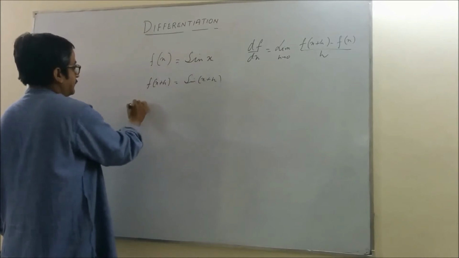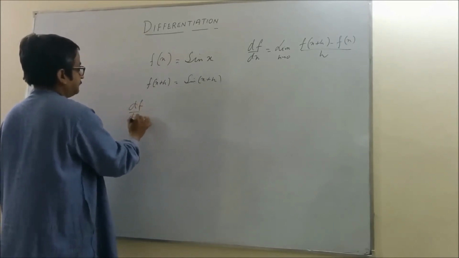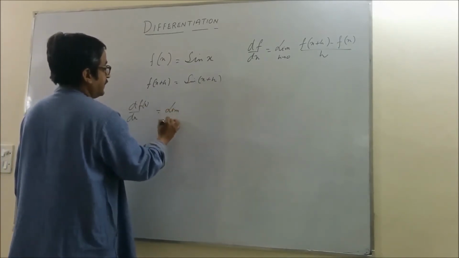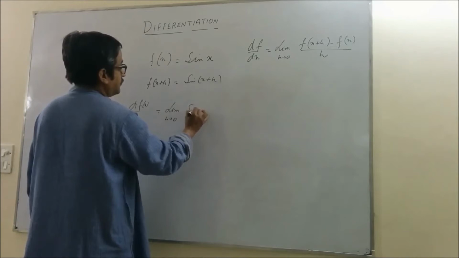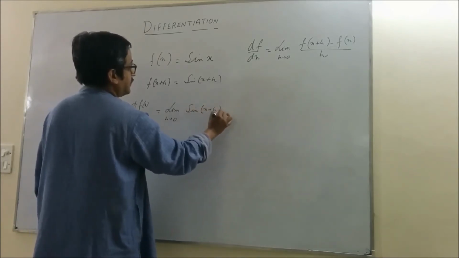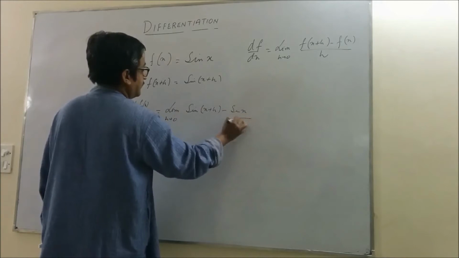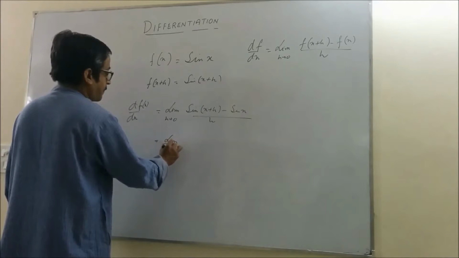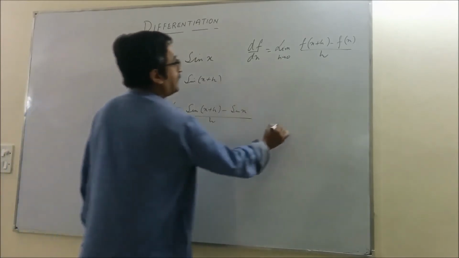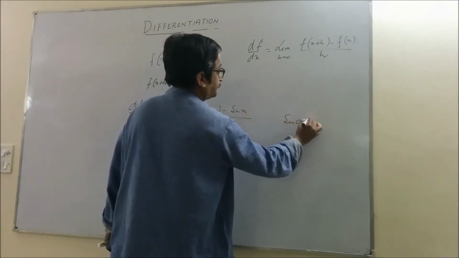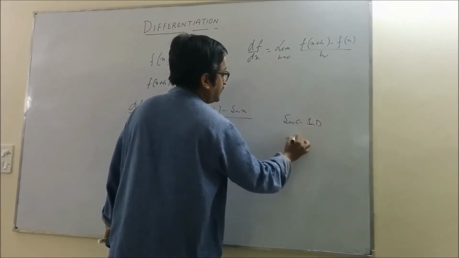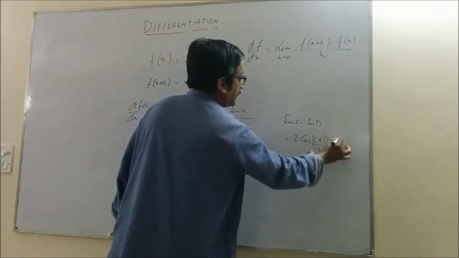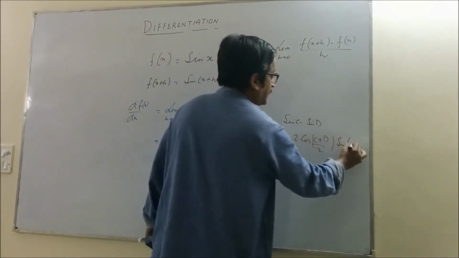Using that, df/dx is limit h tends to 0 sin of x plus h minus sin of x by h. Now sin c minus sin d, we know, is 2 cos (c plus d)/2 sin (c minus d)/2.